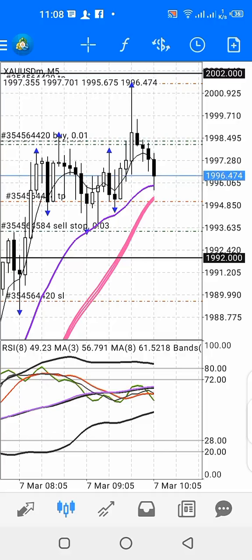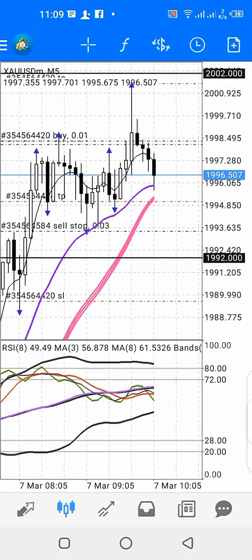Then we'll start to manage the unclosed running order with the Grail Edge strategy. As we can see on the screen, it appears the sell trade will close first in TP. Then we'll have the buy trade running with drawdown.